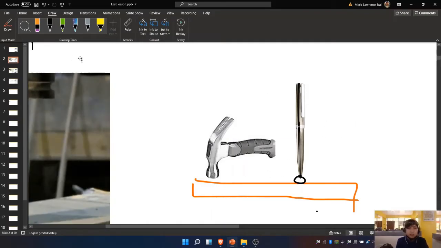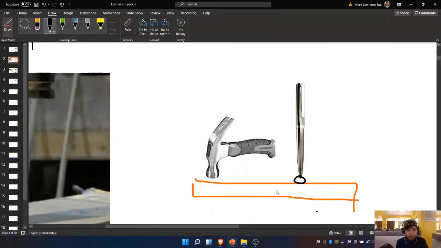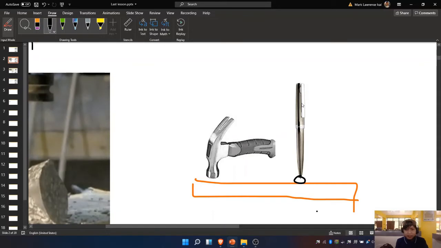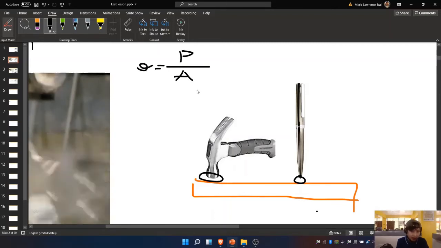So, obviously, the answer is yung ballpen. Madaling makabutas yan sa kahoy. Why? Because the area of the ballpen is much smaller than the area of the head of the hammer. So, kita naman sa formula the stress is inversely proportional to the area and directly proportional to the force applied.